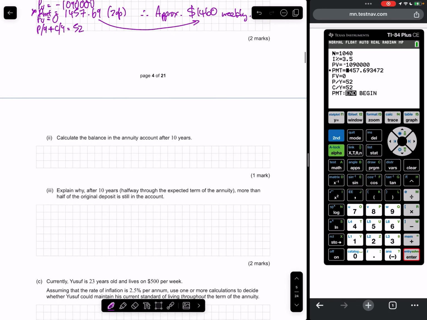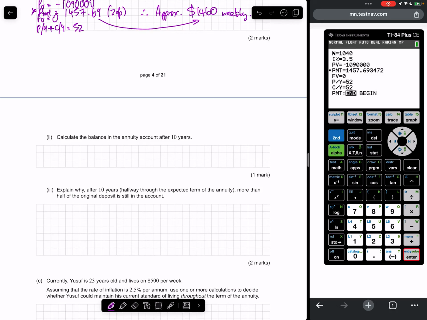Calculate the balance in the annuity after 10 years. So, after 10 years, we're going to have to do N equals 10 times 52 equals 520. The interest rate was 3.5. PV, we started off at 1,090,000. We just worked out that PMT was $1457.69. Solve for the contents after 10 years.